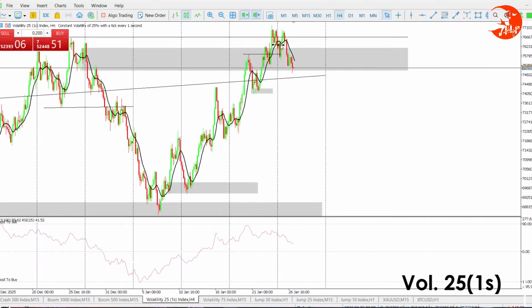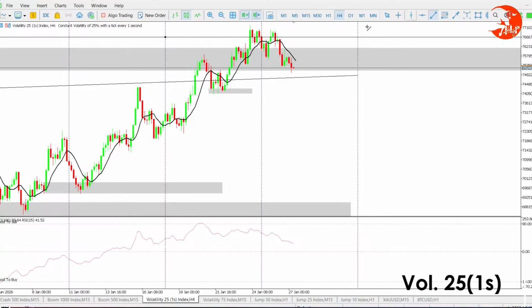So if we go to H4 now, price has given us a break of structure there, but it has failed to give us a new higher high. So right now we consider this as a downtrend. Okay, this is crazy.